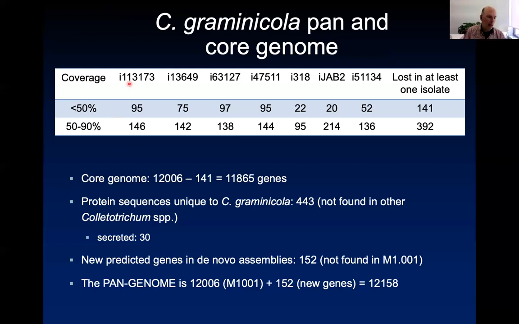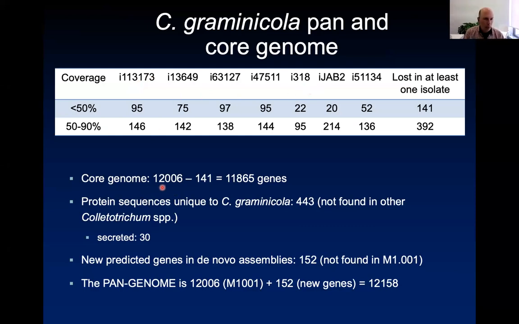And then we looked for genes within the contigs that came out of that de novo assembly. And those we could consider to be dispensable genes because they're not in M1001, and we can determine whether or not they're in the different isolates.